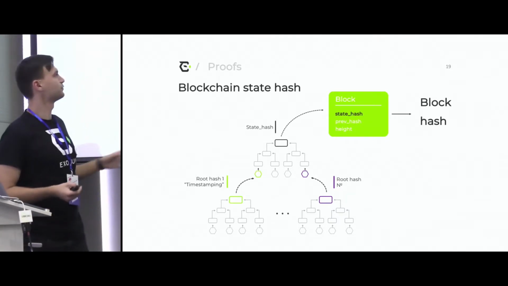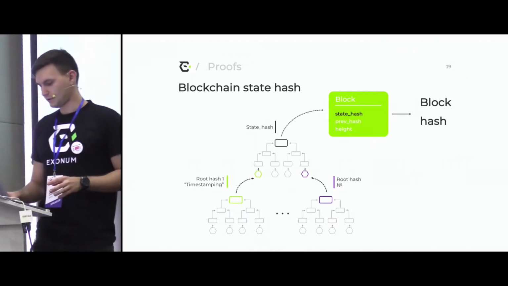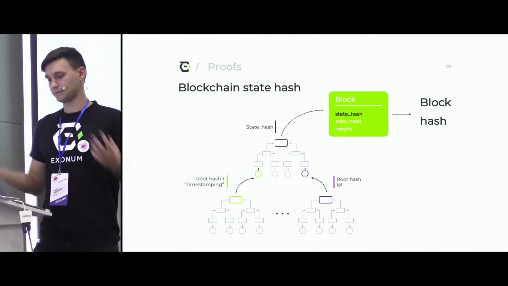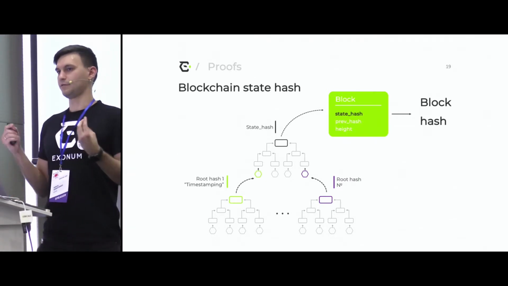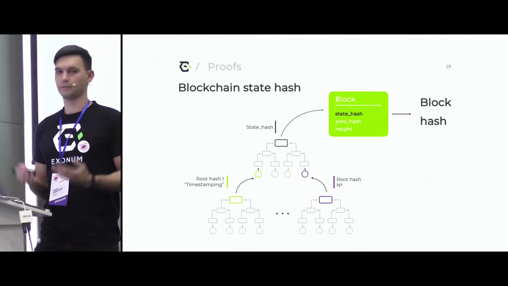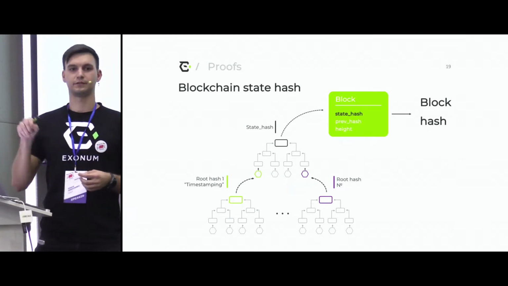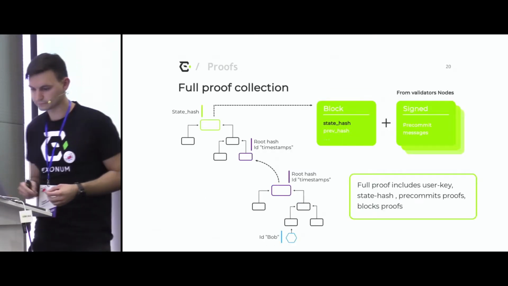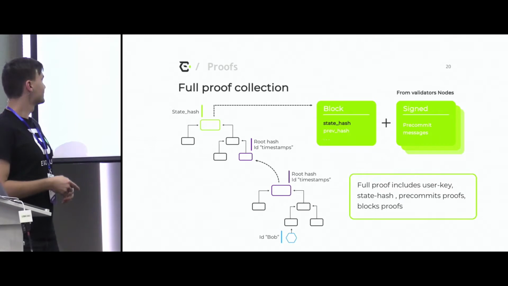Again, let's return to our picture. We have our database, and the user now wants to make a request. We have a working system, and the user wants, through the web client, to request the proof. He has some record, and he wants to get the whole proof of how his data record is stored in the database. This is how it will look.